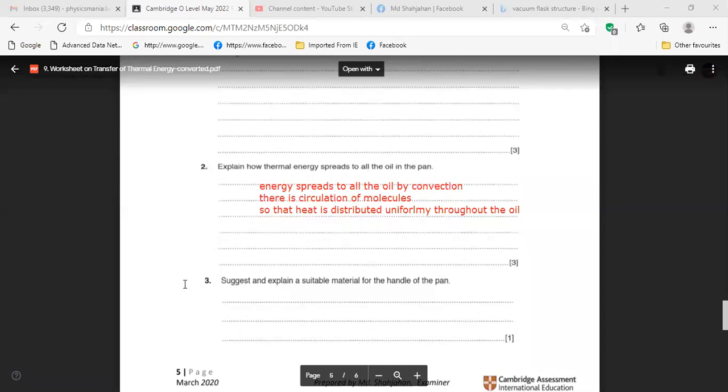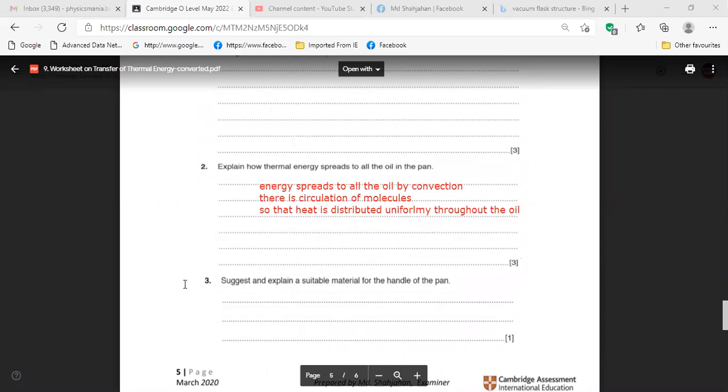Suggest and explain a suitable material for the handle of the pan. Everyone knows it, right? What is that? What will you use for a suitable material for the handle? Plastic, wood. Very good. Whatever you like, any of the insulators you write.